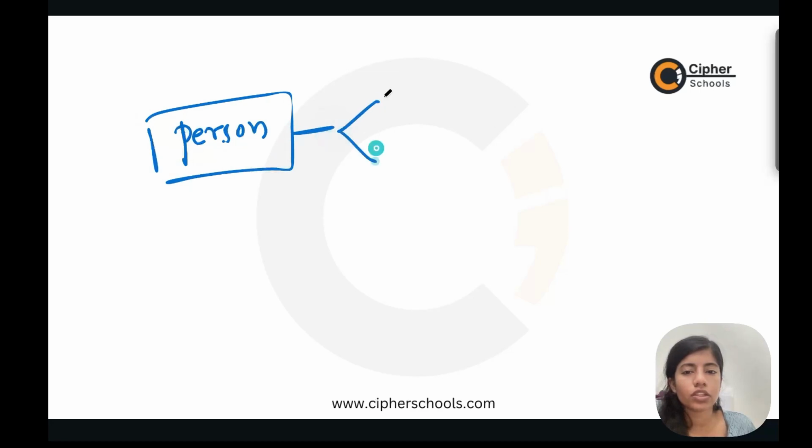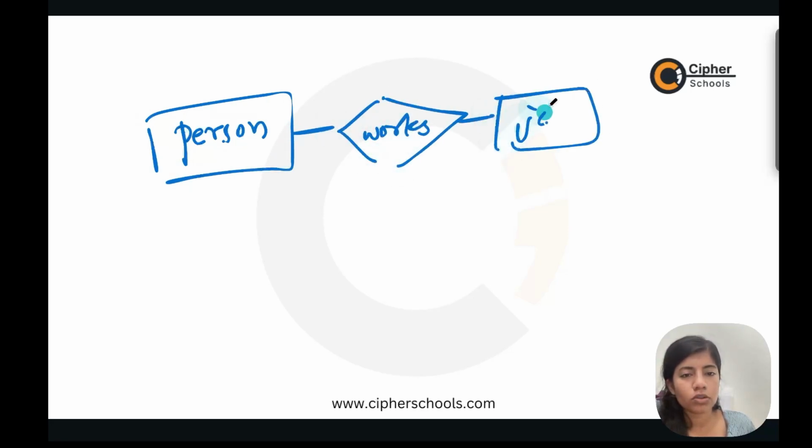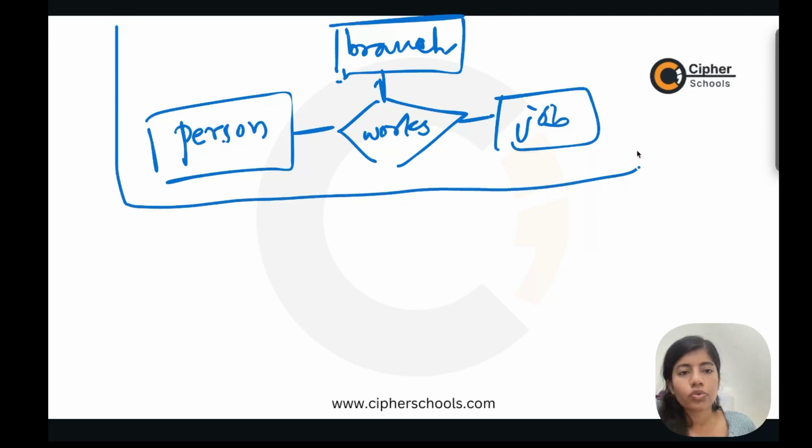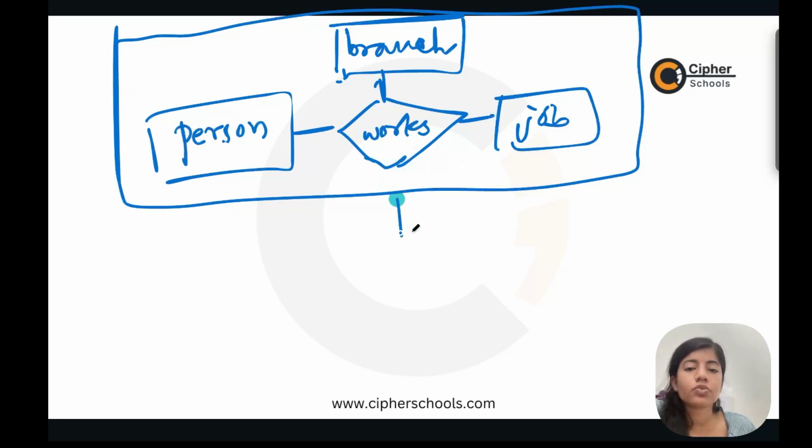So we had a person, that person works in some job at some branch. So now this was our complete relation, right? What we do is we aggregate this relation into a different entity, and we can have relations with it.